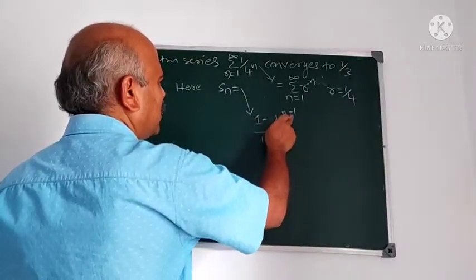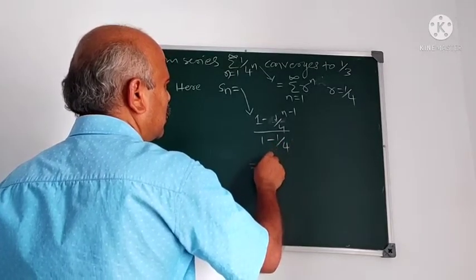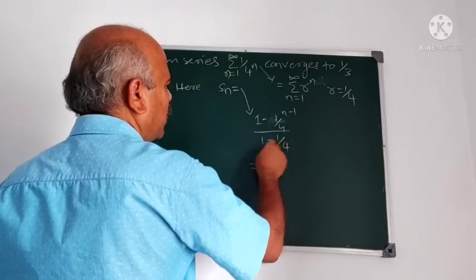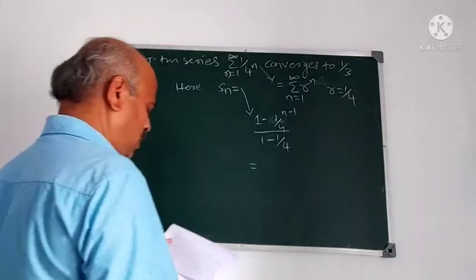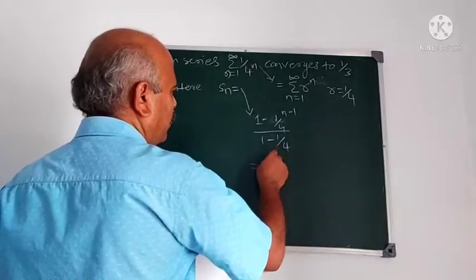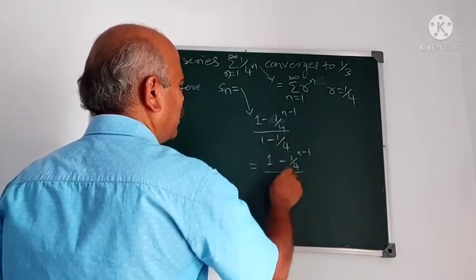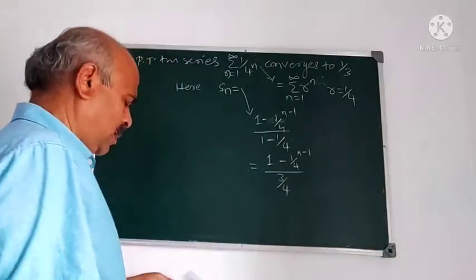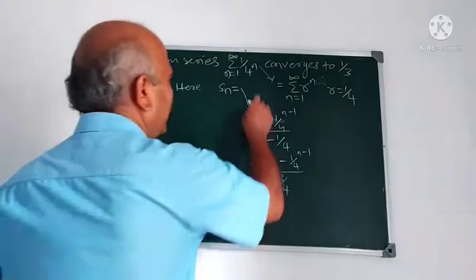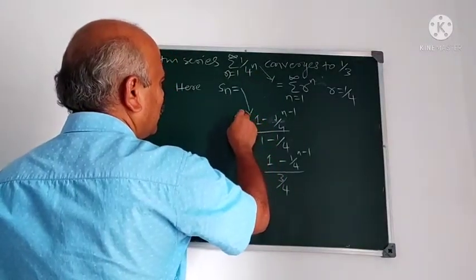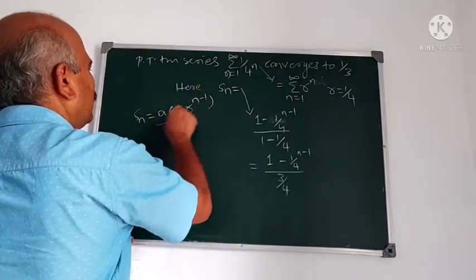What is the formula for the sum to n terms of the geometric series? It is a into 1 minus r raised to n divided by 1 minus r.